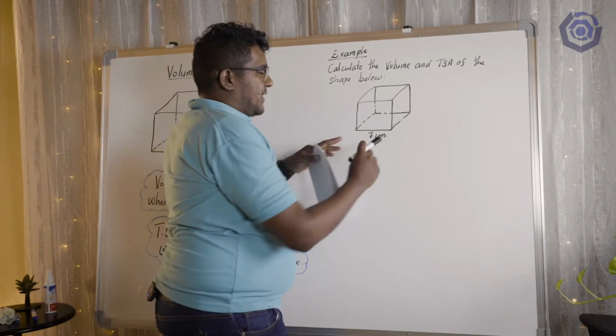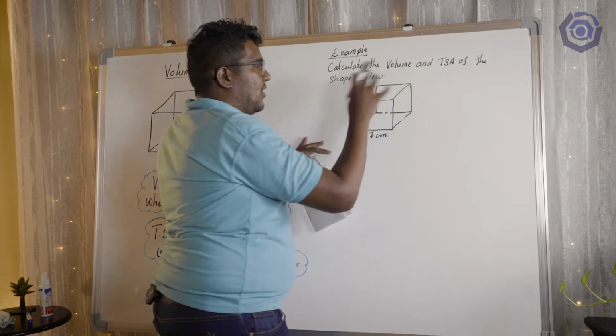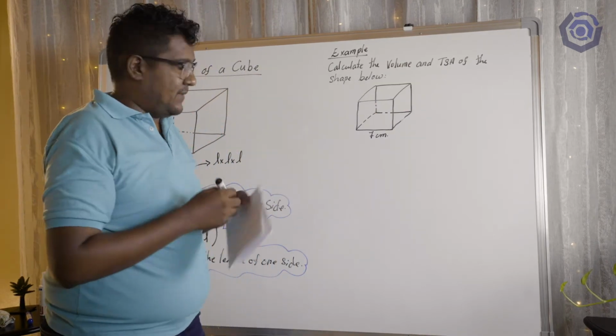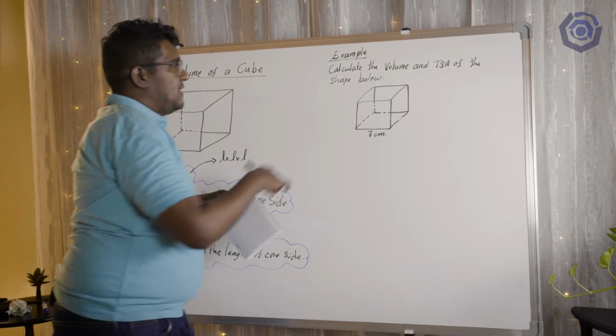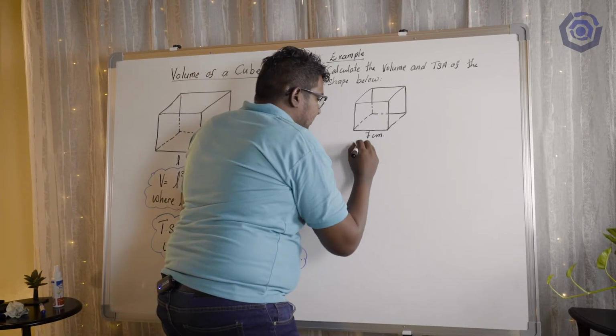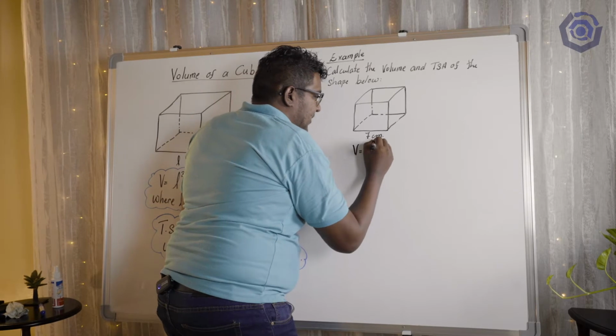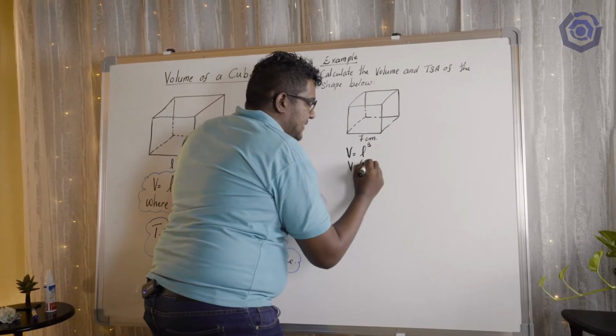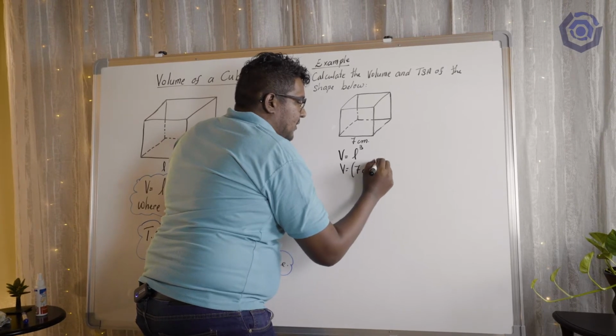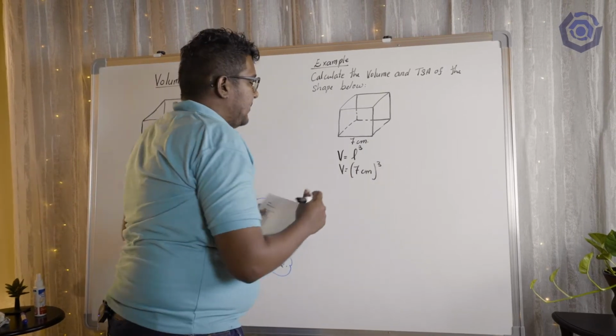Since we're dealing with a cube, all around the shape is 7 cm. Let's use our first formula, V equals L cubed, to find the volume. V is equal to L, which is 7 cm, all raised to the third power.